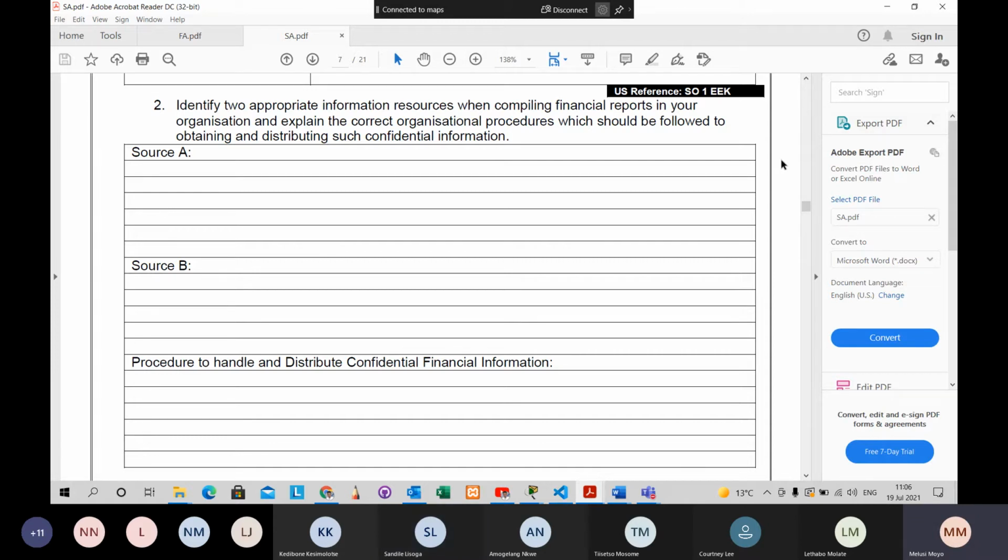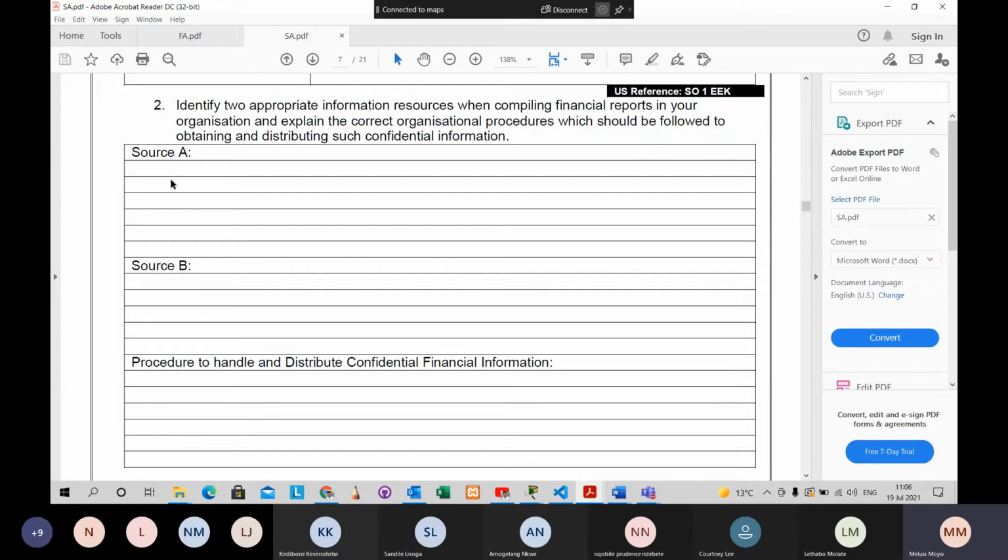So you need source A. For example, say an accountant. So let's say identify 2 appropriate information resources when compiling financial reports in your organization and explain the correct organizational procedures which should be followed to obtain and distribute such confidential information.